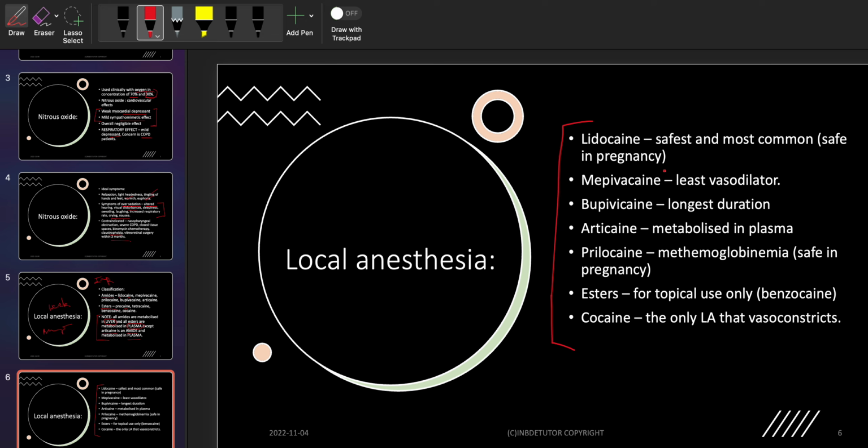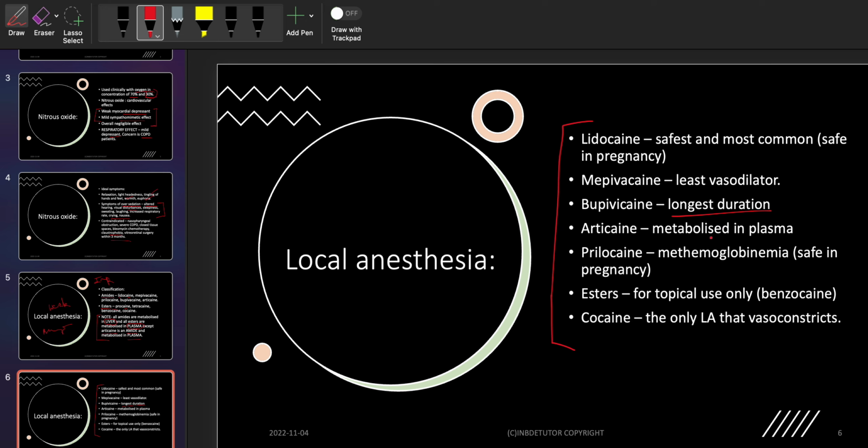If somebody asks you which local anesthetics are safe during pregnancy, lidocaine, prilocaine, and etidocaine are the 3 local anesthetics that are safe during pregnancy. Important point again, guys: mepivacaine is the least vasodilator. Bupivacaine has the longest duration, 90 to 120 minutes, which is a very long duration.